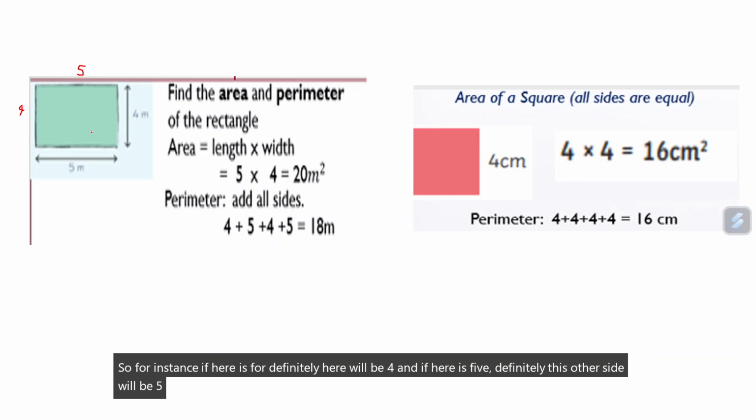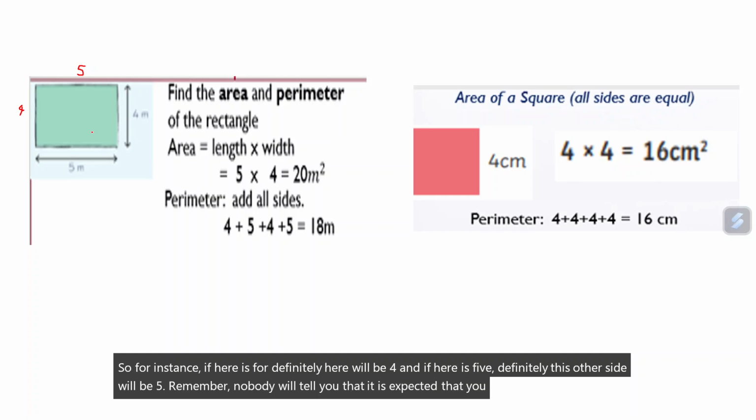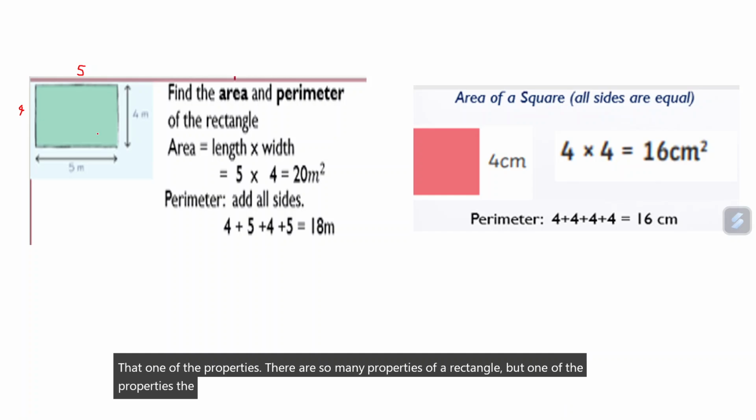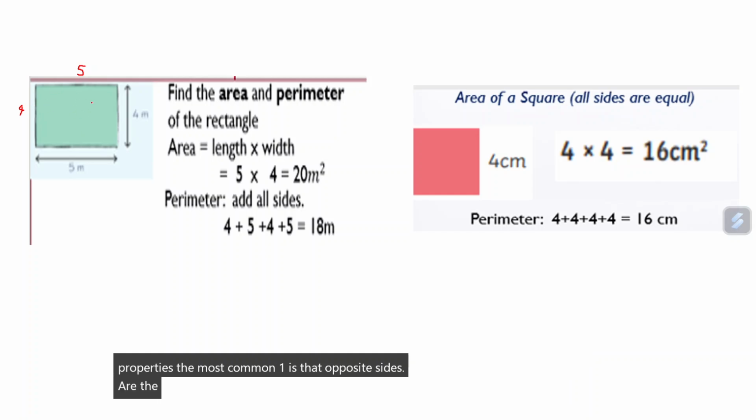Remember, nobody will tell you that. It is expected that you should know that. There are so many properties of a rectangle, but the most common one is that opposite sides are the same.